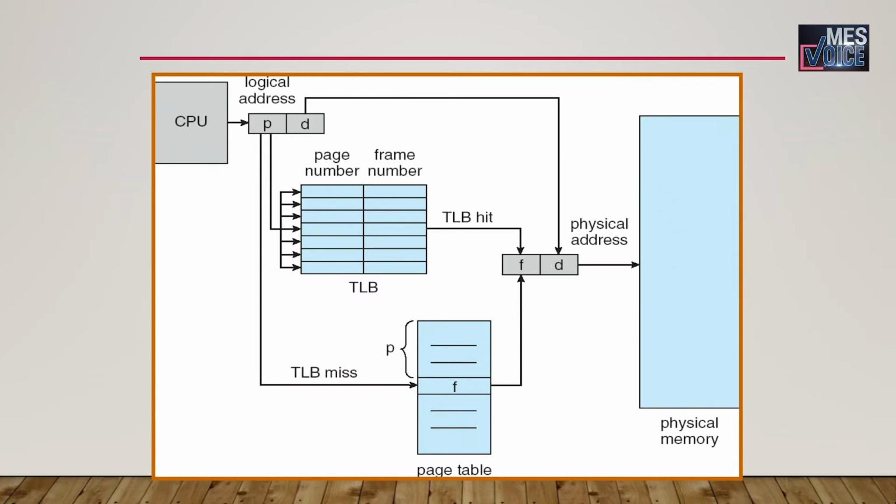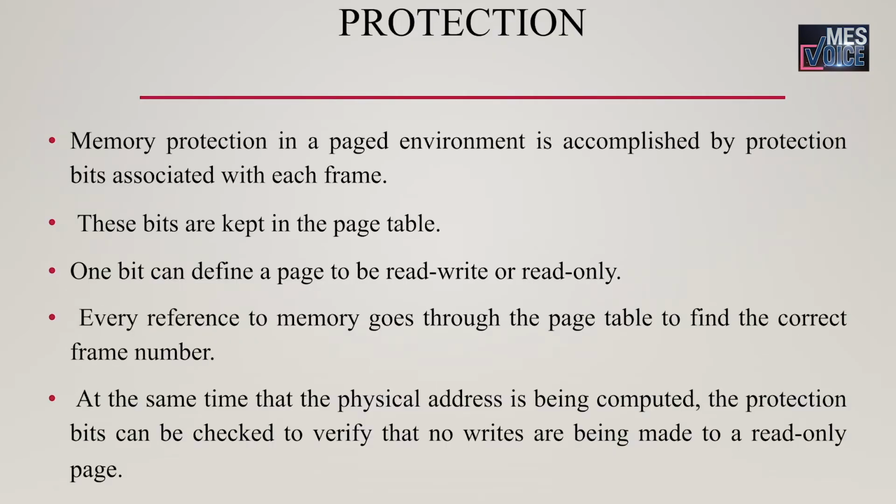If this page number is not available in the TLB, it will be searched in the page table, and along with that frame number, the displacement will be added and we obtain the physical address. When this TLB miss occurs, the TLB will immediately get updated with the entry obtained from the page table. Next, how we can provide protection to this paging scheme.